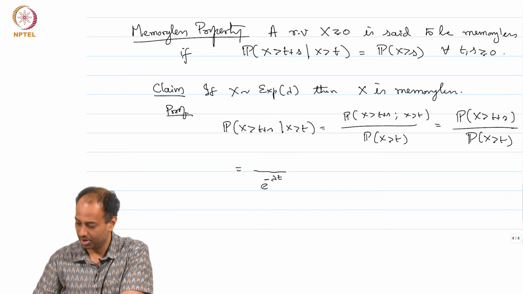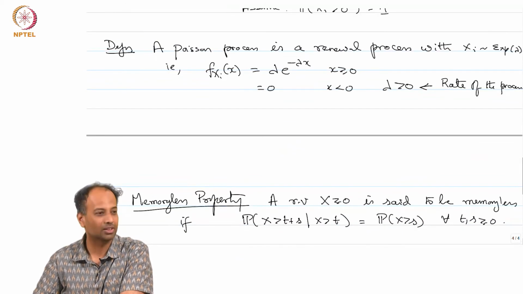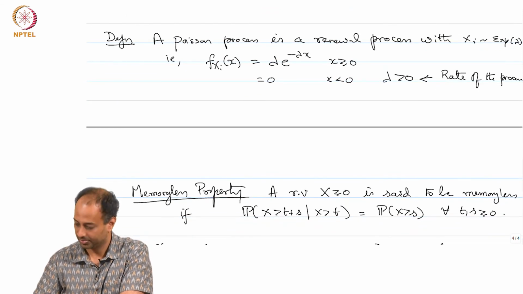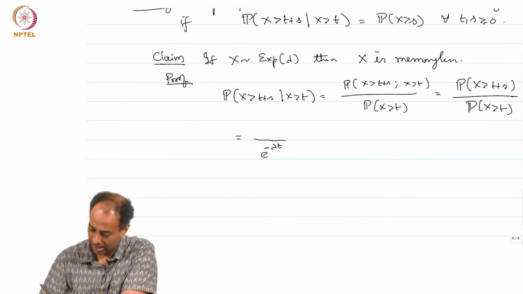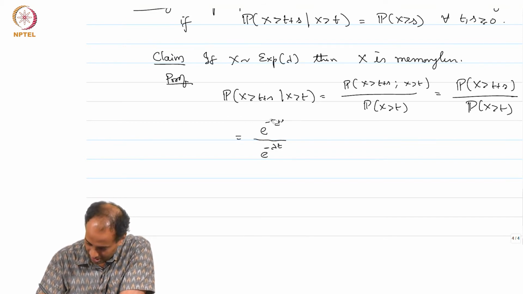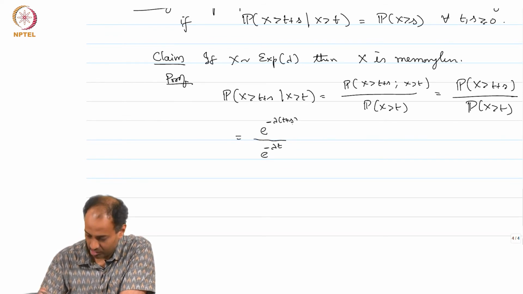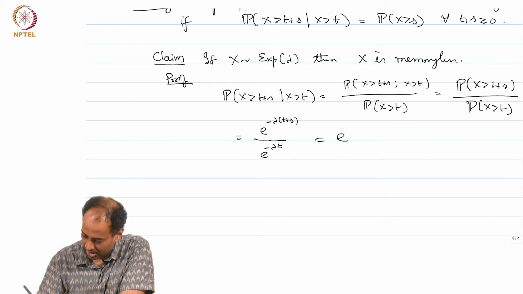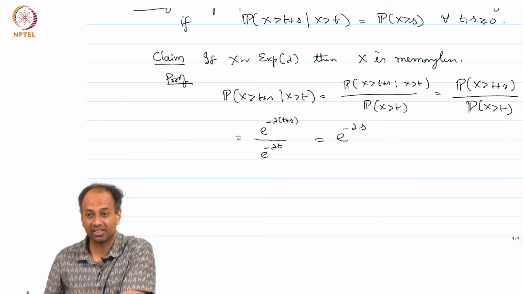You know the density, so you can always calculate the CDF and the complementary CDF. I hope you can do this much. The numerator will of course be e power minus lambda, t plus s, which is equal to e power minus lambda s, and the denominator cancels.